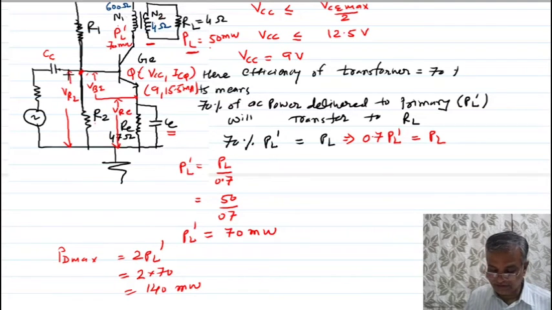Voltage across this resistor with respect to ground is equal to, you can see, voltage at this point with respect to ground is VBE plus VRE. I think it is clear. When the AC signal is not applied, at that time, voltage at this point with respect to ground is VBE plus the voltage across RE.